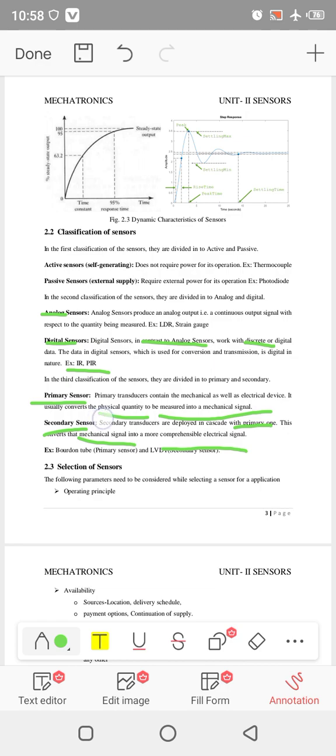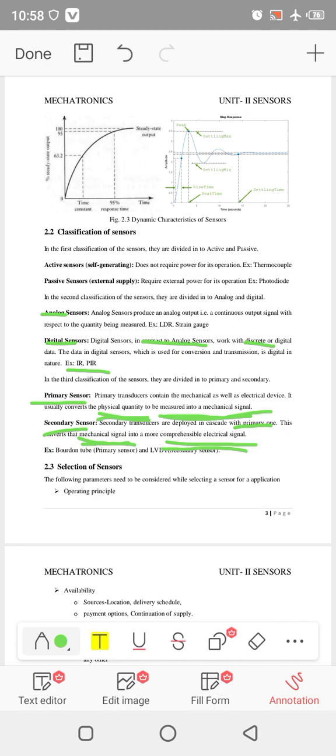The primary one takes the physical quantity to be measured as mechanical; the secondary one converts the mechanical signal into an electrical signal. A type of primary sensor is the bourdon tube, used to measure pressure. We will see this in detail in next classes.